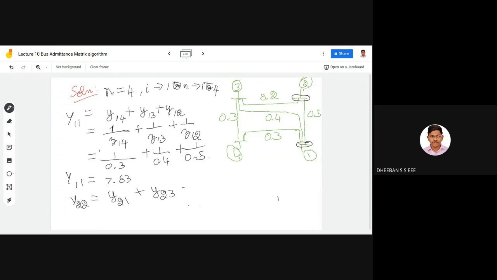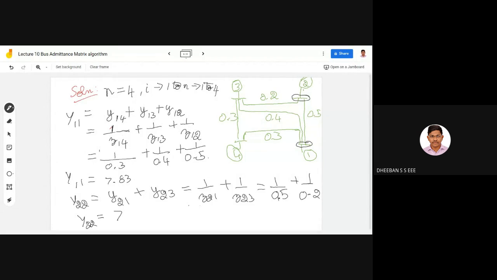So it is equal to 1 by z21 plus 1 by z23. z21 is 0.5, so 1 by 0.5 plus 1 by 0.2. So you'll be getting the answer as 7. Okay, this is with respect to your y22.